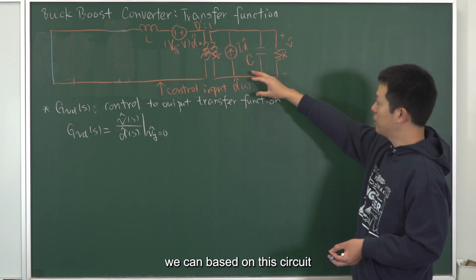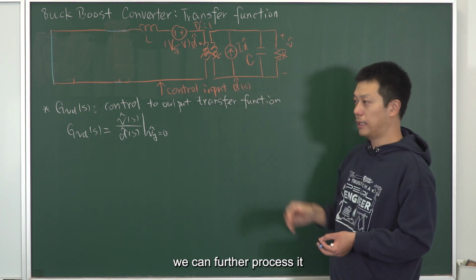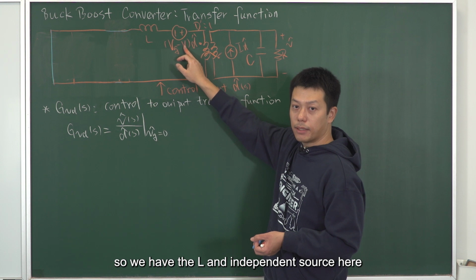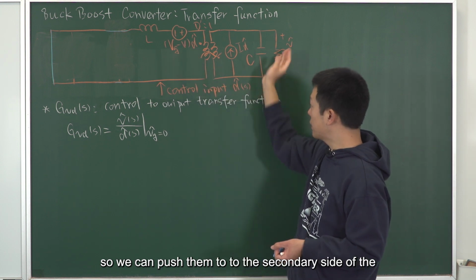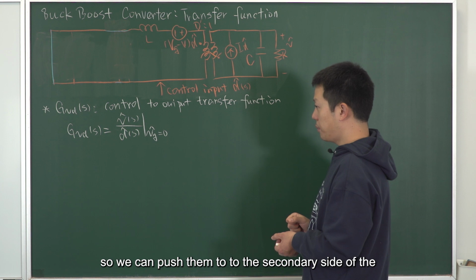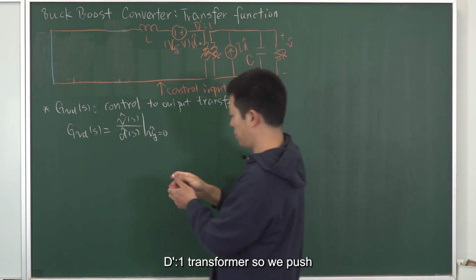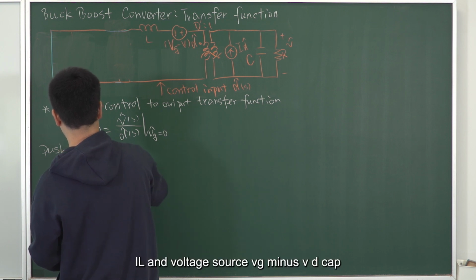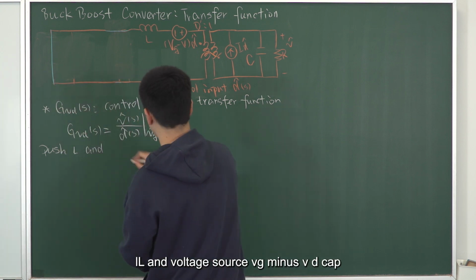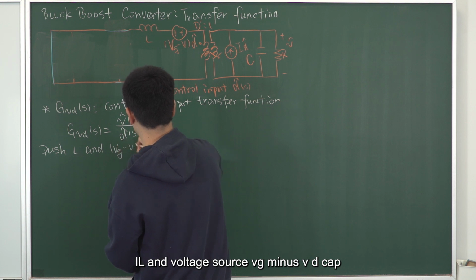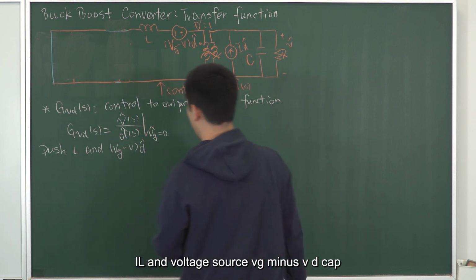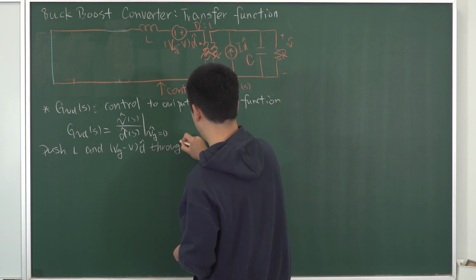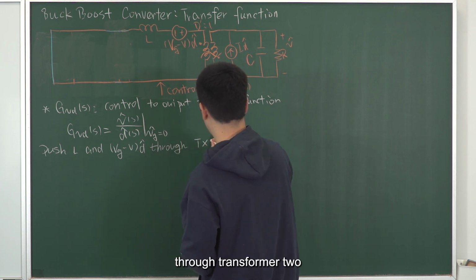And next, based on this circuit, we can further process it. So we have the L and the independent source here. So we can push them to the secondary side of the D prime to 1 transformer. So we push L and voltage source VG minus V D cap through transformer.